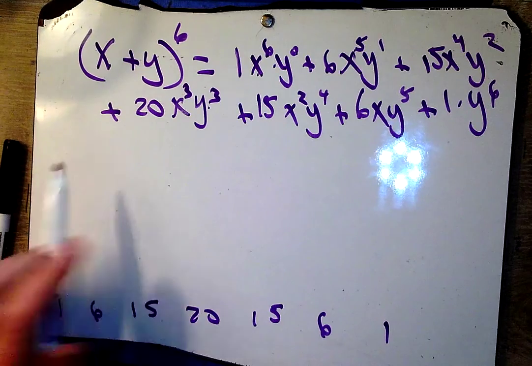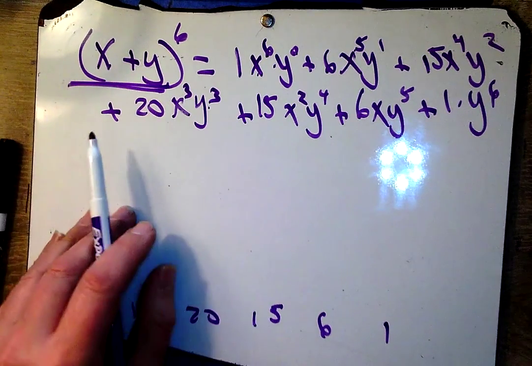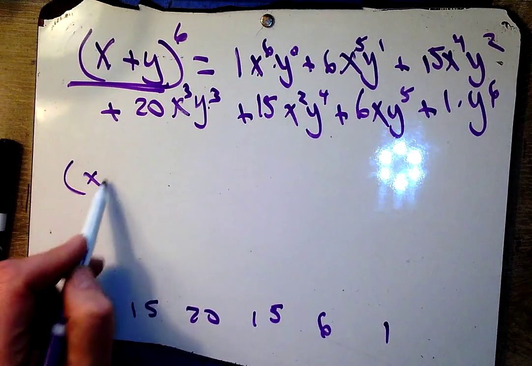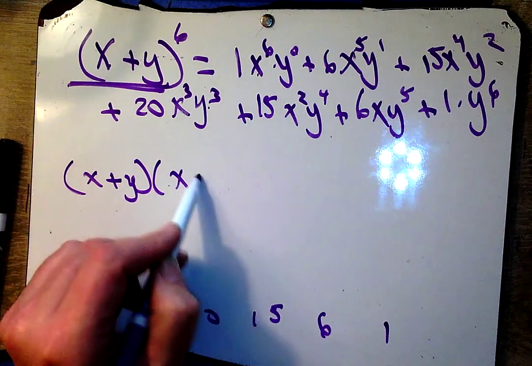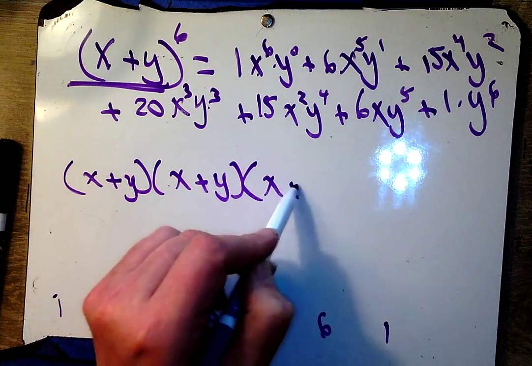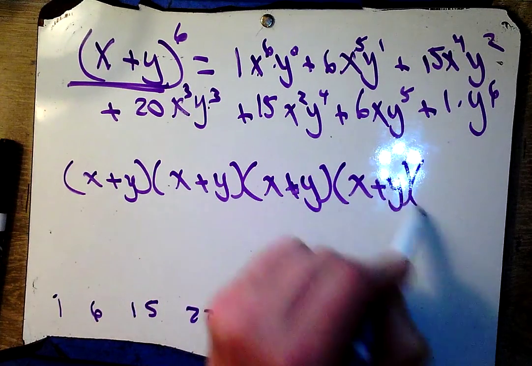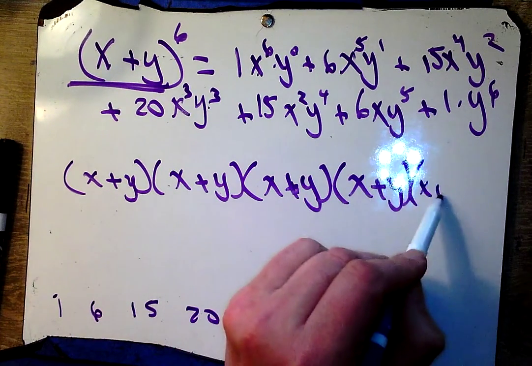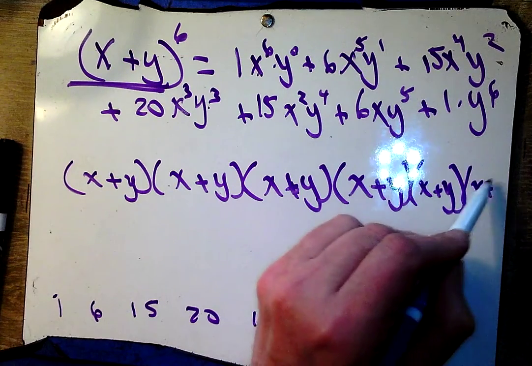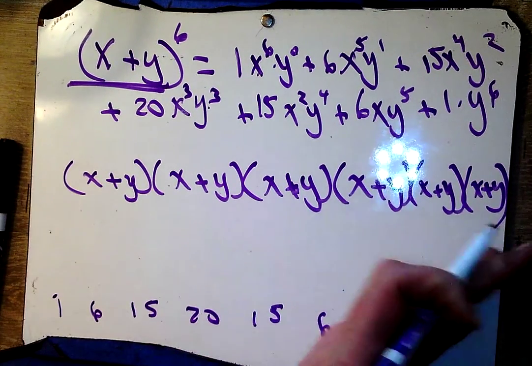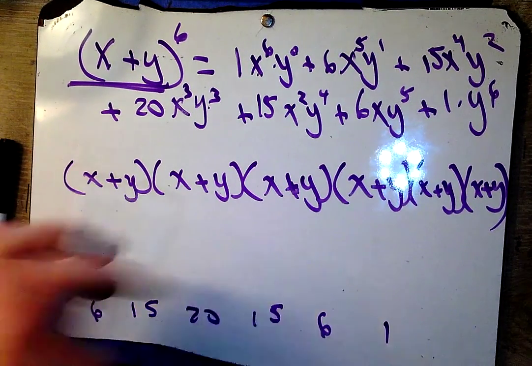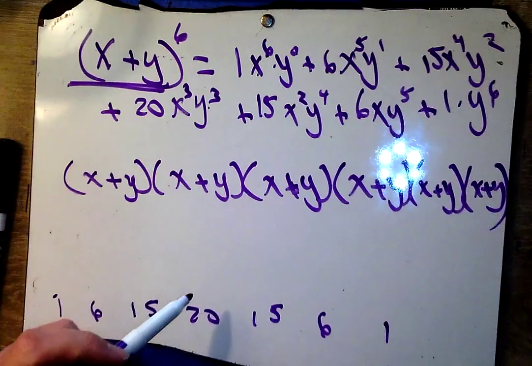Yeah, dude, that is so much faster than doing x plus y times x plus y times x plus y, x plus y, x plus y. Oh my god, I haven't even written them all down yet. Almost the amount of time it took me to write that, I could write out the answer.